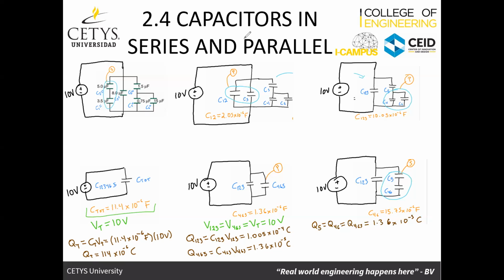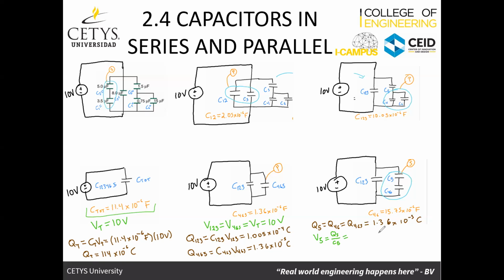And so the voltage is going to be different. So voltage 5 is going to be equal to Q5 divided by C5.